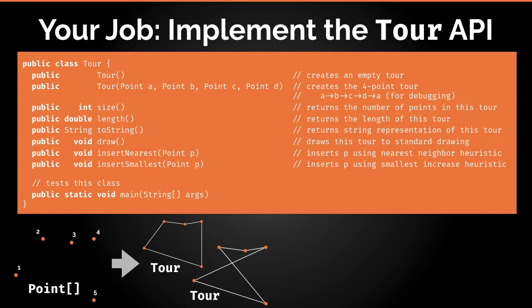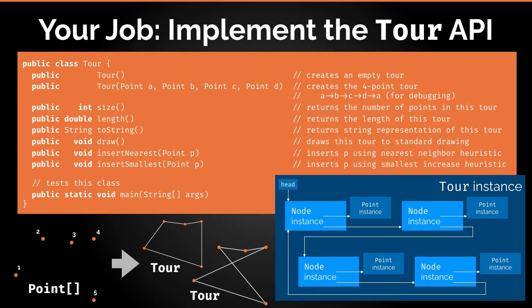So that's size, the number of points in the tour, and length, the contour of the current tour. Draw is going to output a drawing of the tour. And then you have methods like insertNearest and insertSmallest that modify the tour, so they're a little bit harder. And then you, of course, have your main method to test all of the methods that you're implementing.